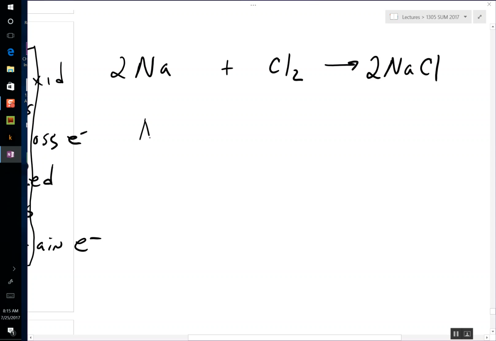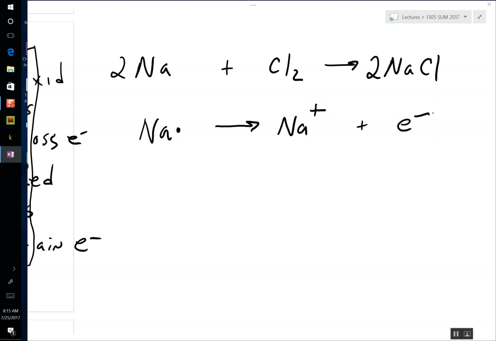Well, we know that sodium has one valence electron. And it goes to form a sodium ion, and it loses an electron. Oxidation is loss. Sodium is being oxidized here.